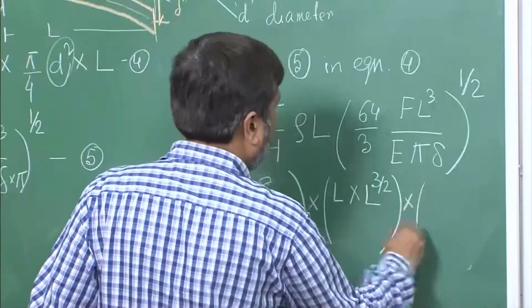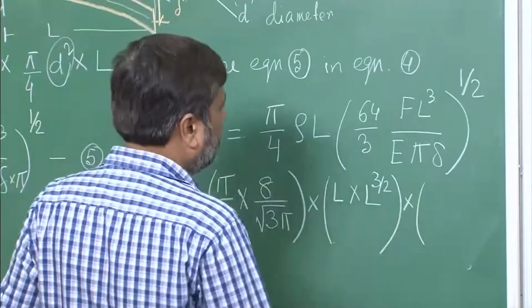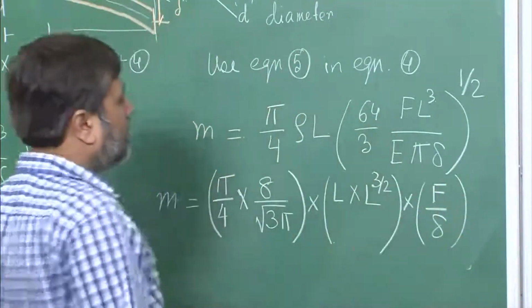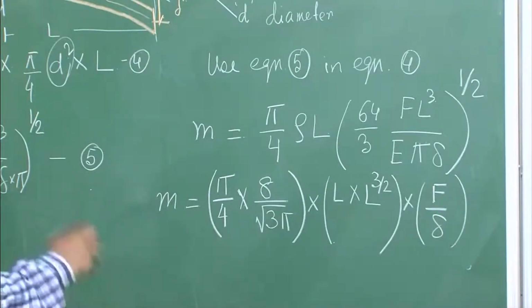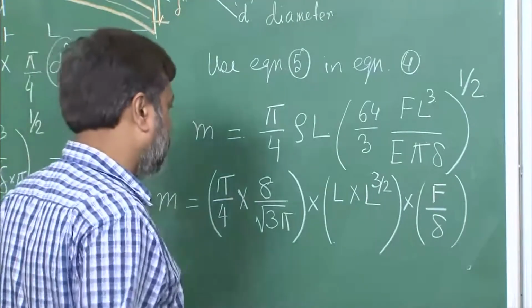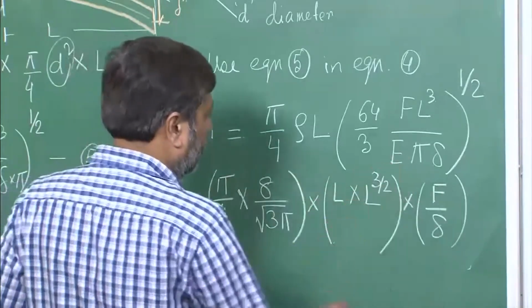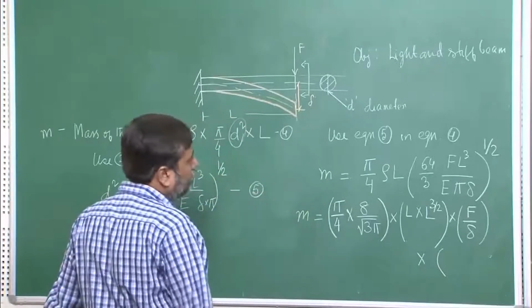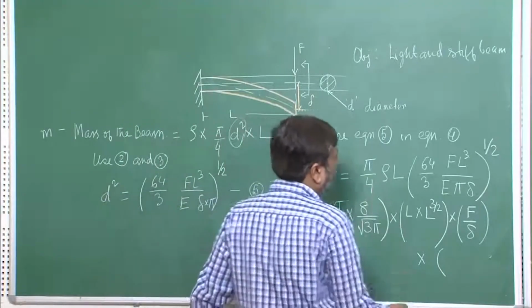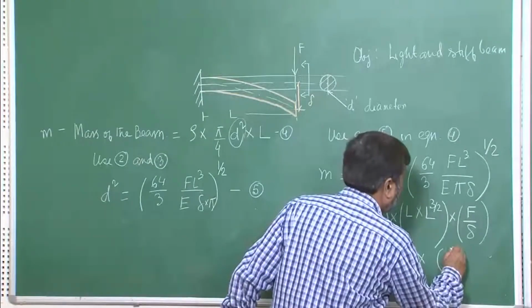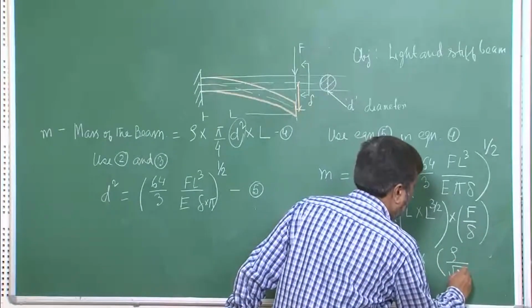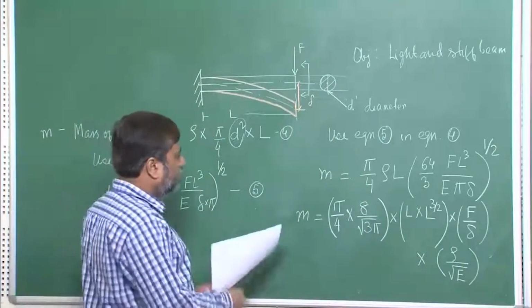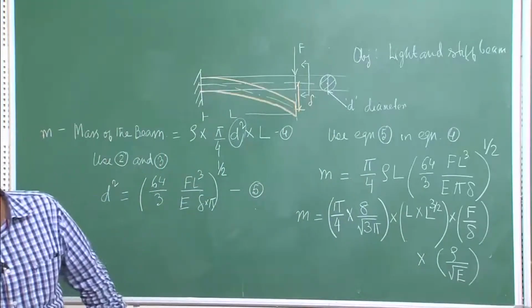We have some functional parameters. What is it? That is F over delta. The force is given to us and the maximum value of the deflection is also given to us. Now, if I take these things apart, what is remaining is the material property of the system. And what is it? Rho over square root of E. Once again, let us look at the term by term situation.